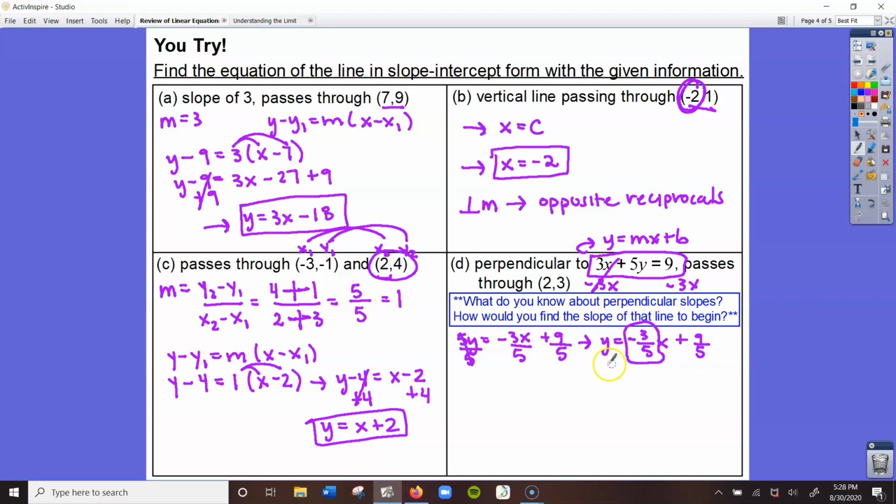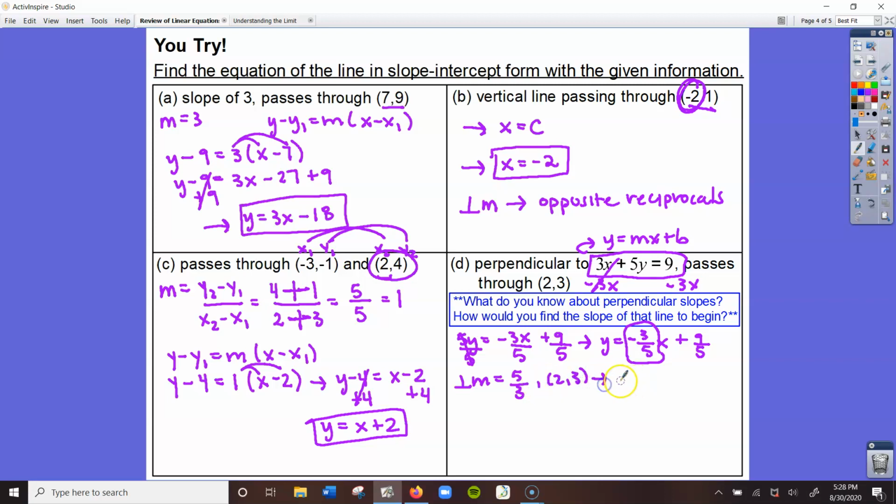Now, because we're looking for the perpendicular slope, the slope that I will be using for my line is now going to be positive because I got to switch the sign and find the reciprocal. So you're going to flip that fraction. So the perpendicular slope is going to be 5 over 3. This is the slope that I'm using along with the point 2, 3.